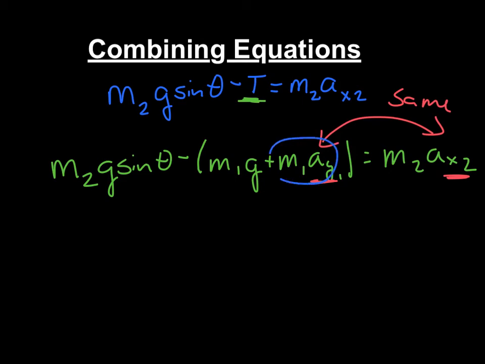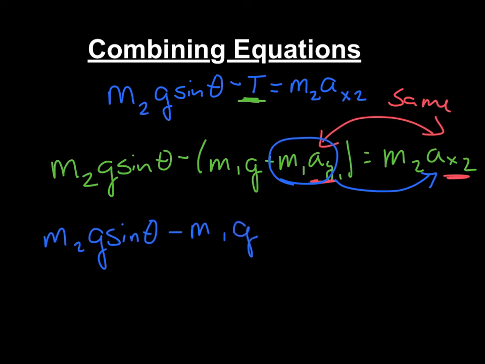So I'm going to take this term and put it over on this side of the equation. So I get m2g sine theta minus m1g equals m1a plus m2a. What I'm going to do is group this m and this m because there's a common a on both sides.